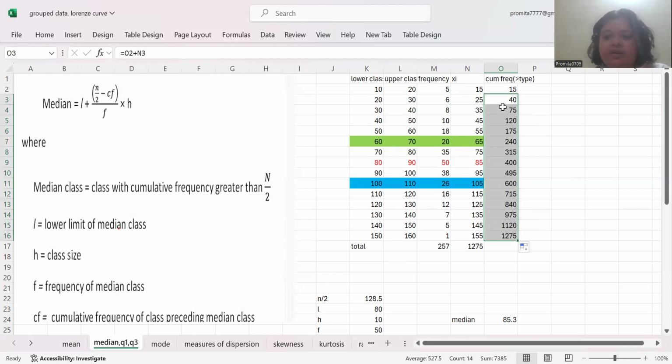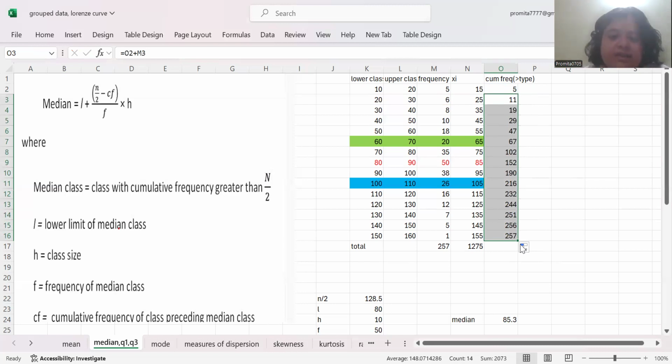So these are our cumulative frequencies. Sorry, mistake. This is the first one, and the second one is this plus the frequency of the next class. So this is my cumulative frequency.